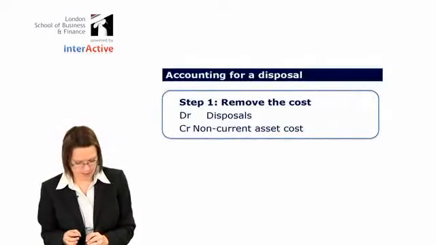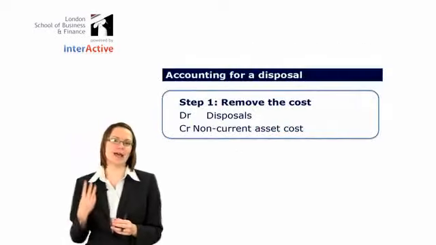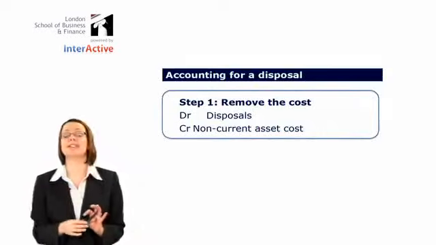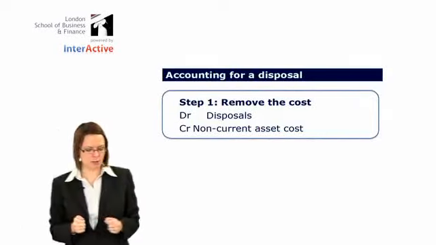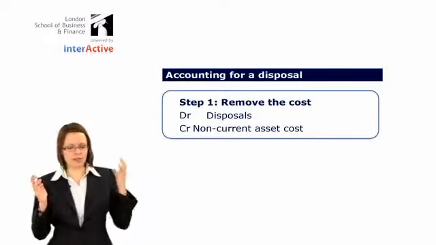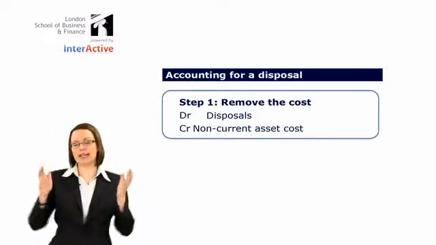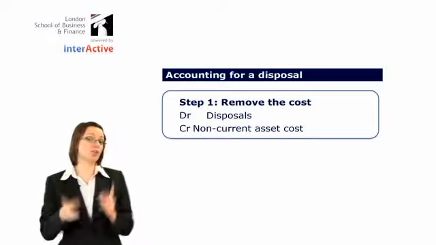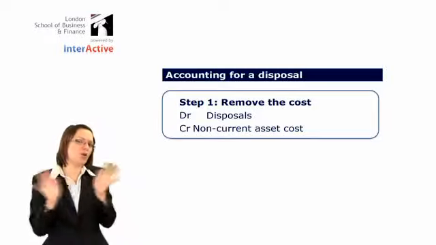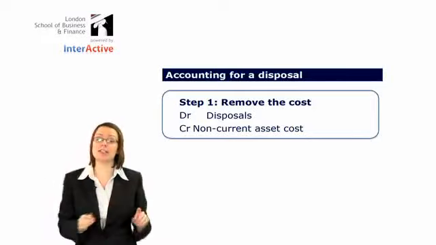So, for this, what we have is a 3-step process. 3 steps. Now, disposals. We've got our disposals head on. Think about what we're doing. You're getting rid of an asset. You're removing it from your business. As a result, that asset no longer exists in your business.